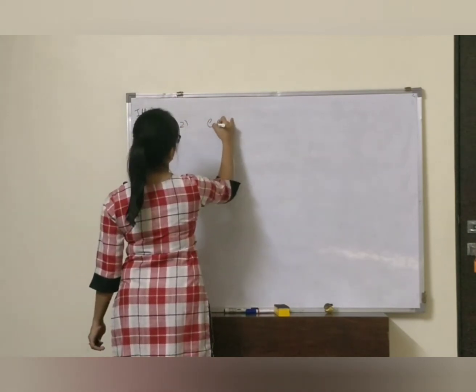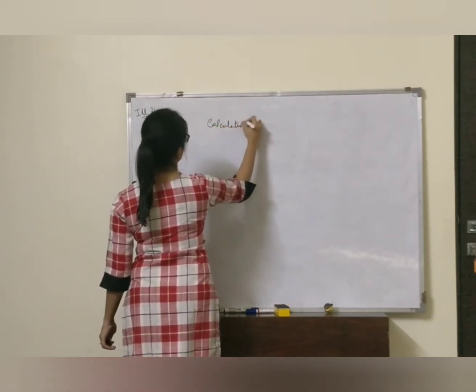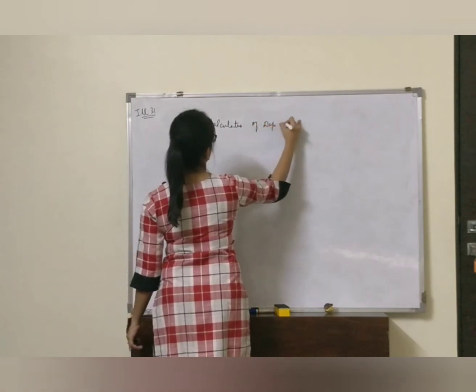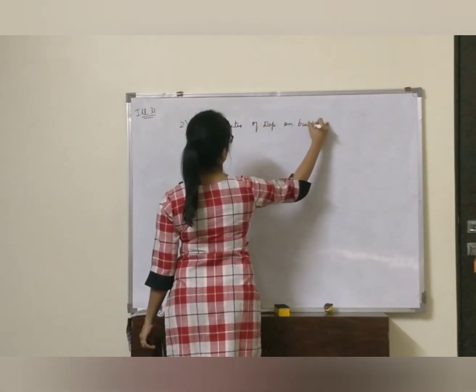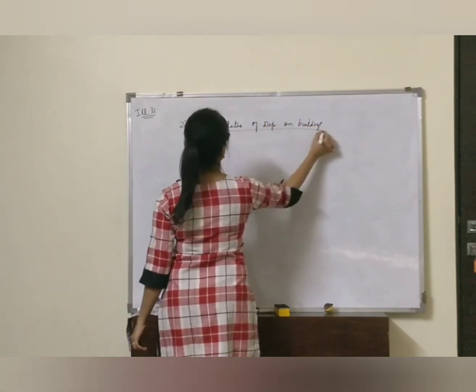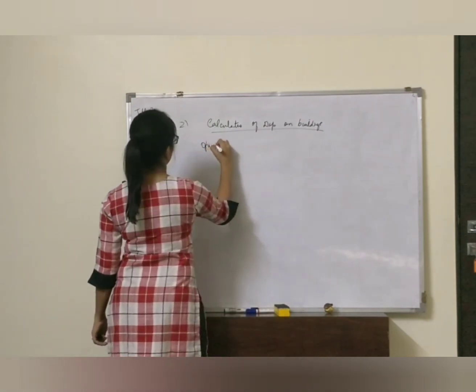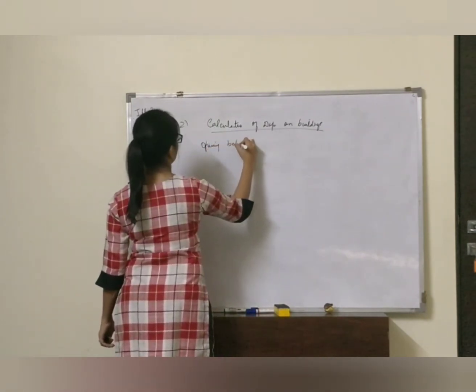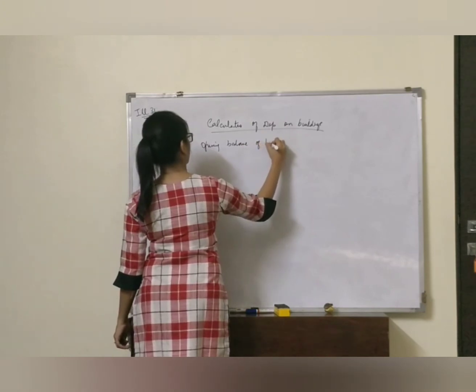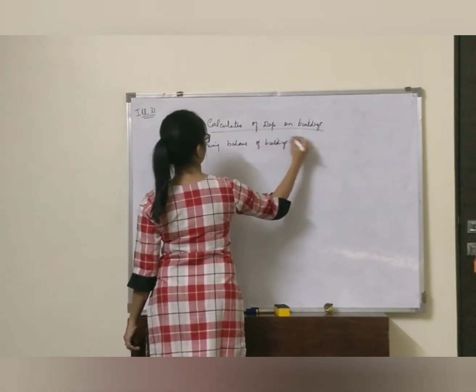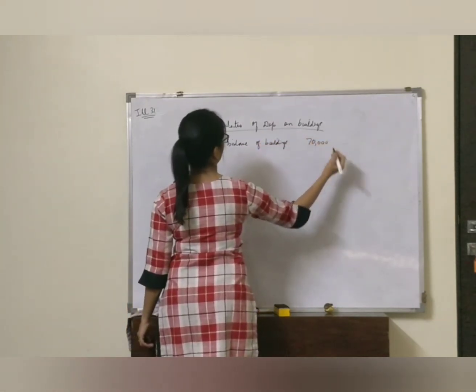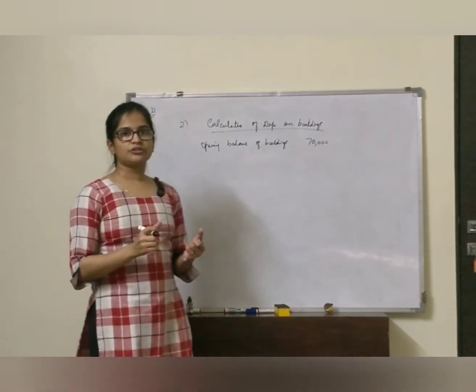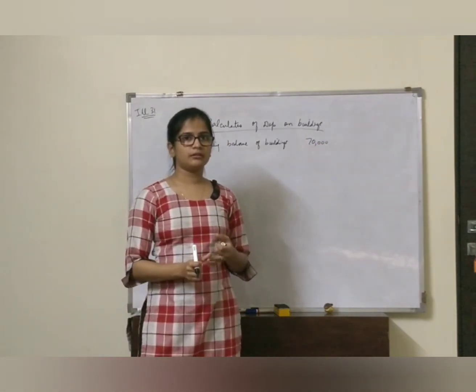Second one, take down calculation of depreciation on buildings. First thing is opening balance of buildings. How much is it? 70,000. Do we have any additional purchase, sale?